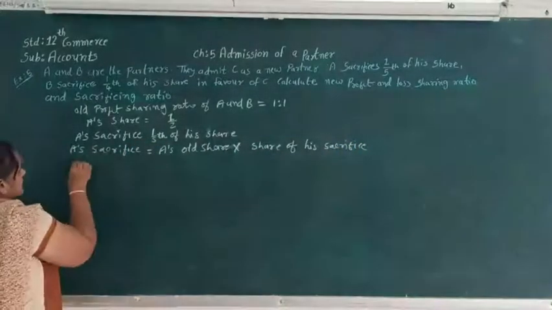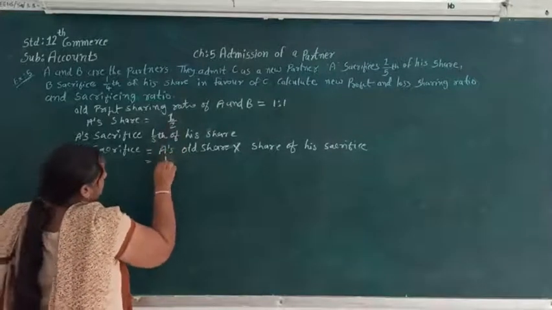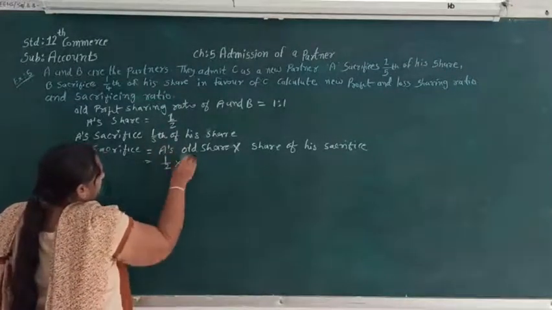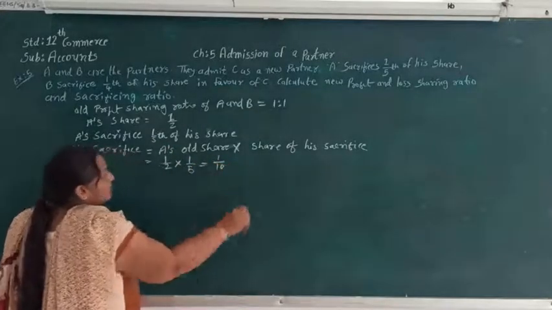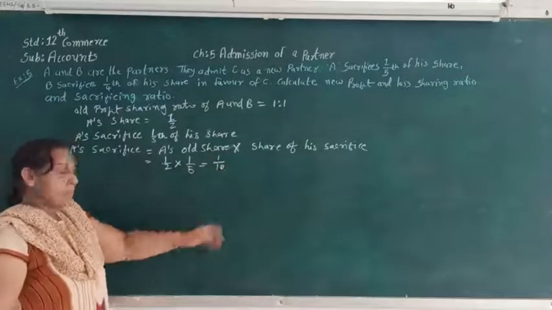So A's sacrifice is equal to A's old share, 1/2, multiplied by 1/5. So it will be 1/10. So A's sacrifice will be 1/10.